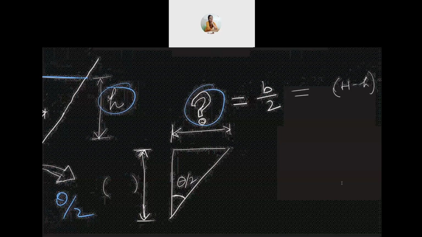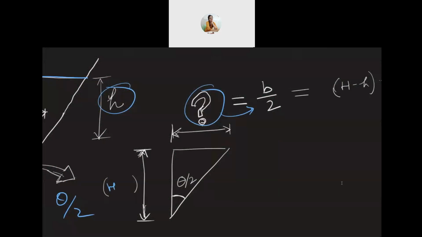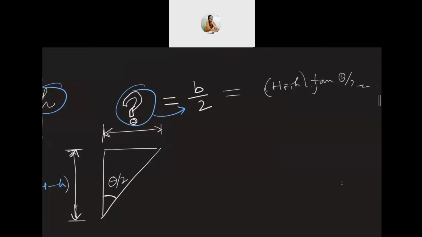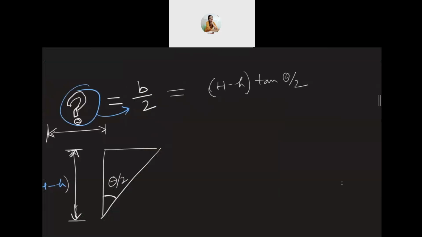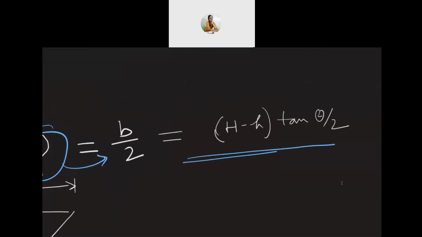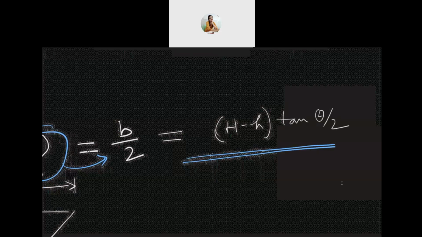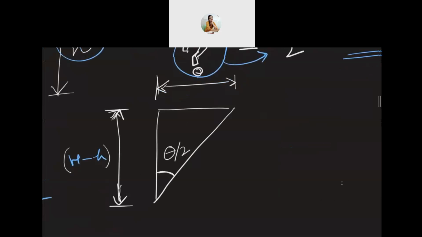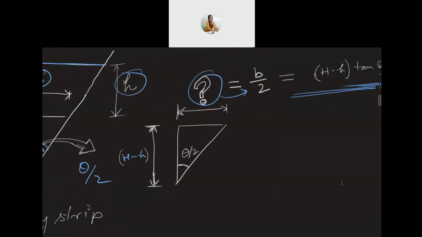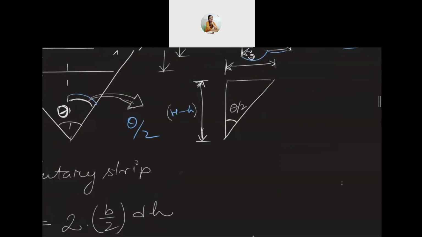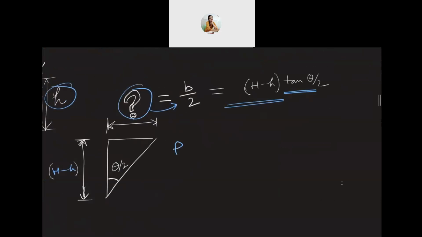This height is capital H minus small h, and therefore we can write b by 2 equal to (H minus h) tan theta by 2. So therefore, the total width is twice (H minus h) tan theta by 2.